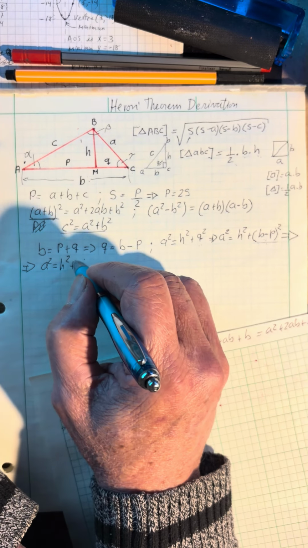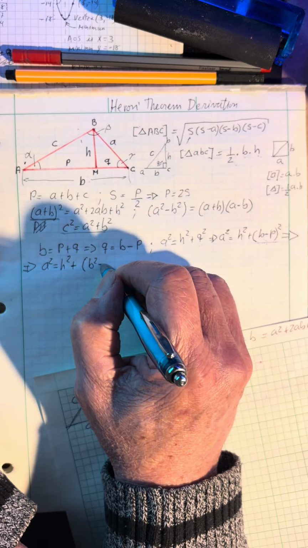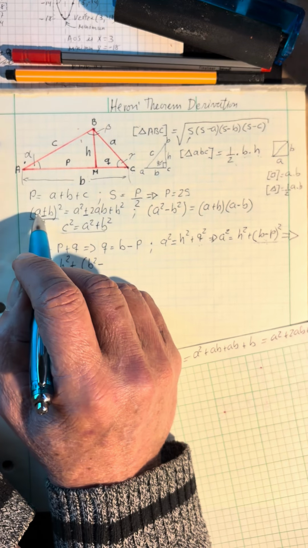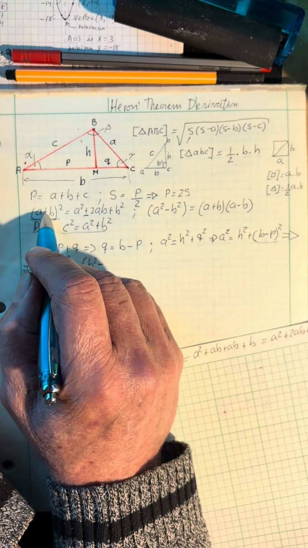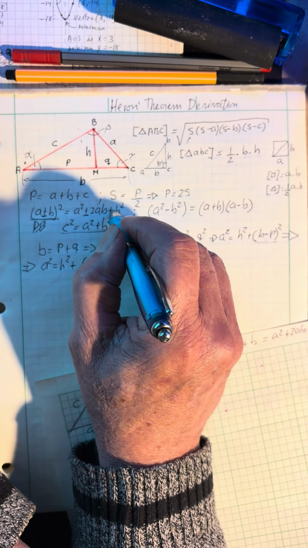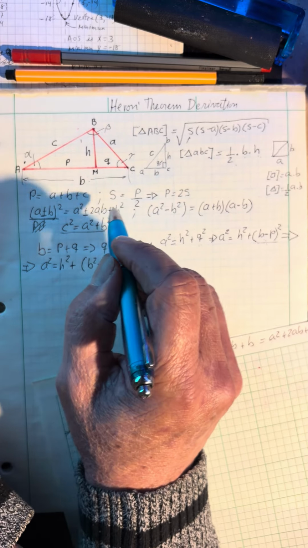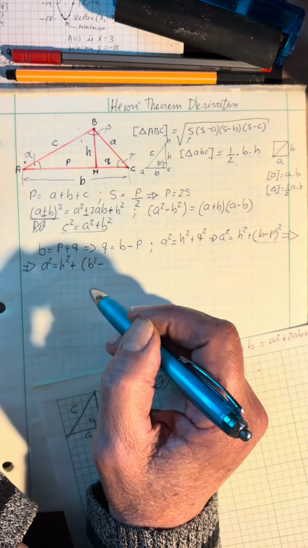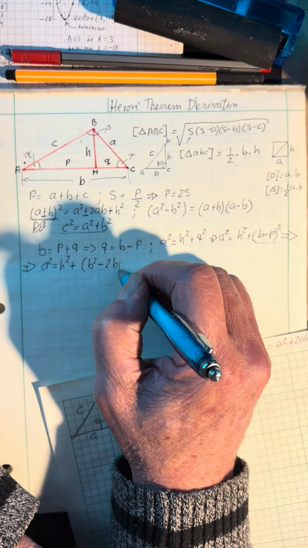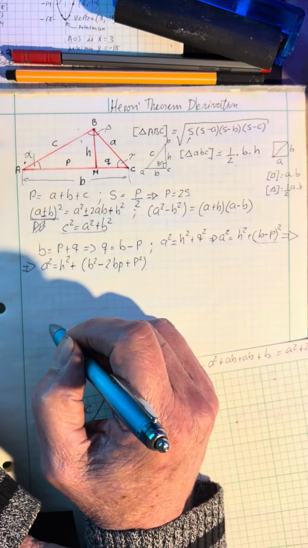Well, it means that we're going to use parentheses, B squared minus 2BP plus P squared. And we can put the minus here so that when in the parentheses we use the plus on top, we get a plus on top here. This plus always stays the same. And when it's a minus, then the first one is a minus and the second is always a positive.